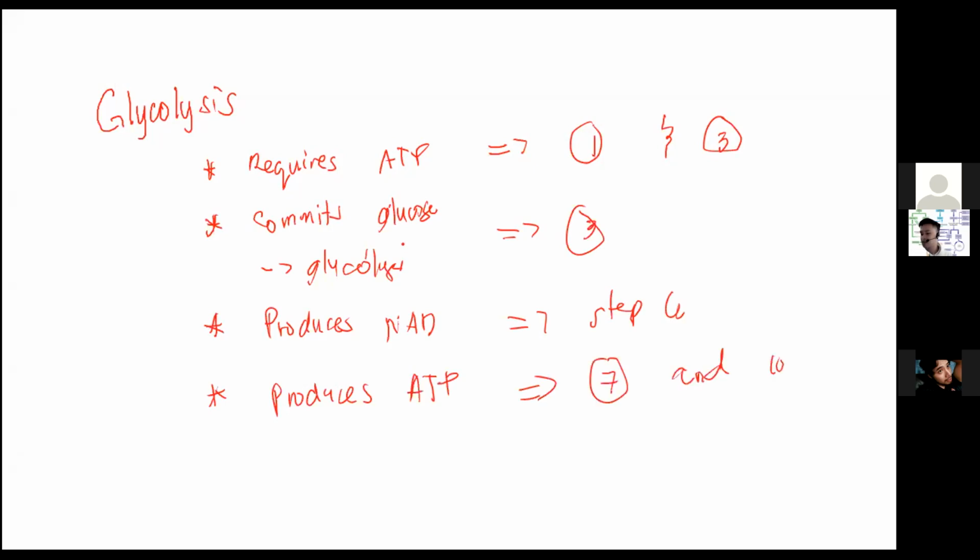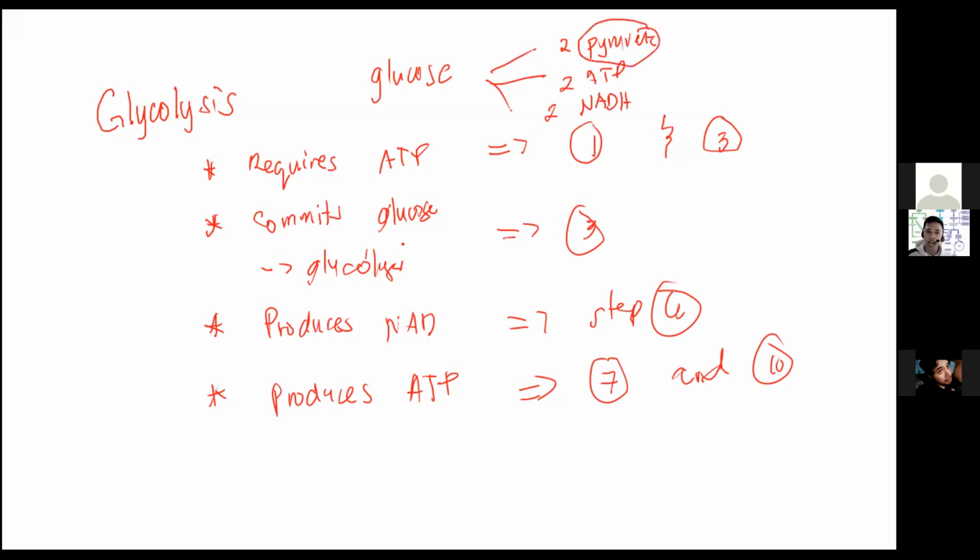For every glucose that enters the cell, what are our products in glycolysis? You're able to produce 2 pyruvate, 2 ATP, and 2 NADH. And what is the significance of pyruvate, class?